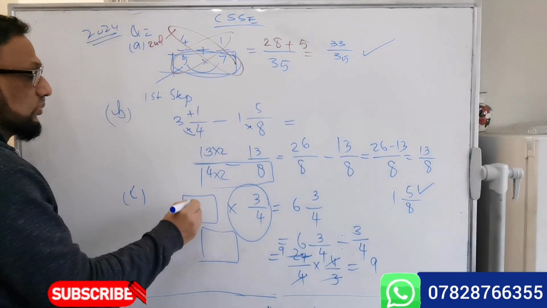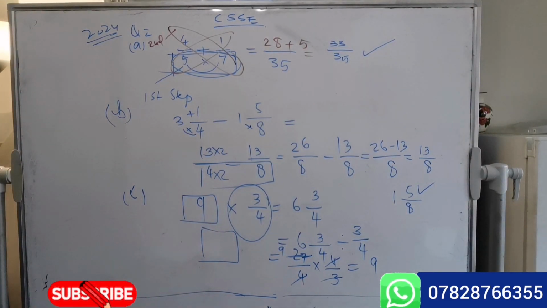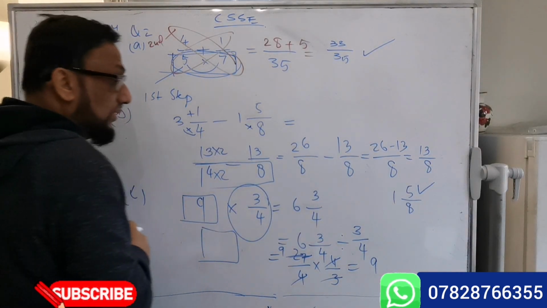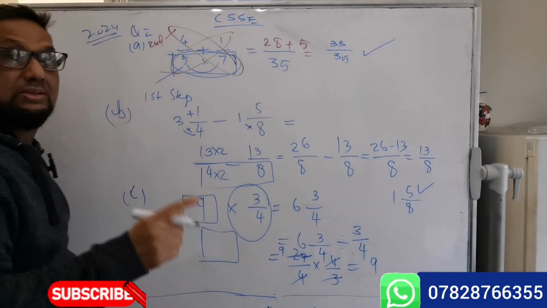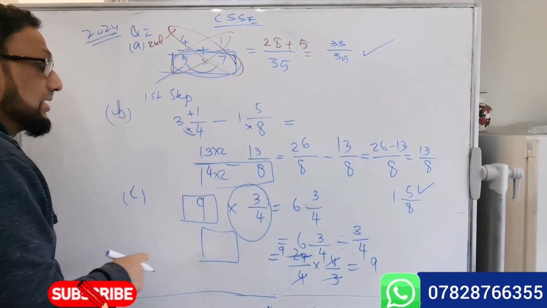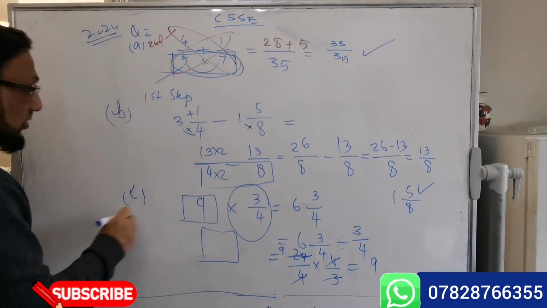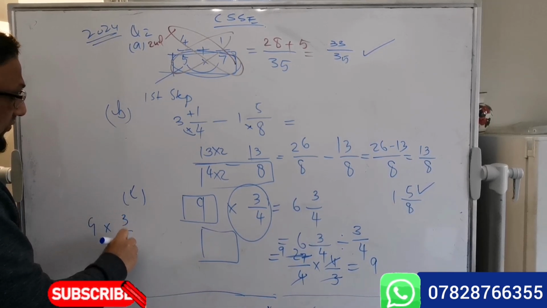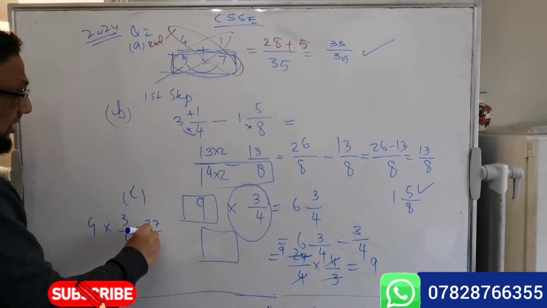Okay, so your answer is 9. You can verify as well. How can you verify whether you got the right answer or not? 9 times 3 over 4. 9 times 3 is 27, so 27 over 4.